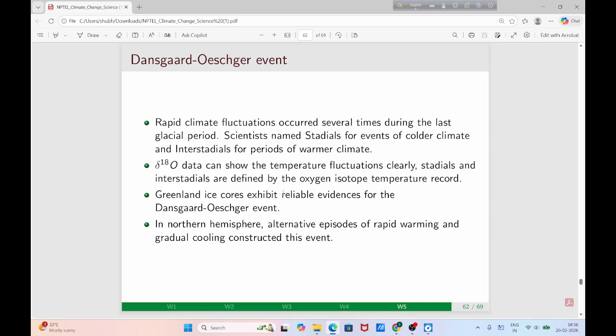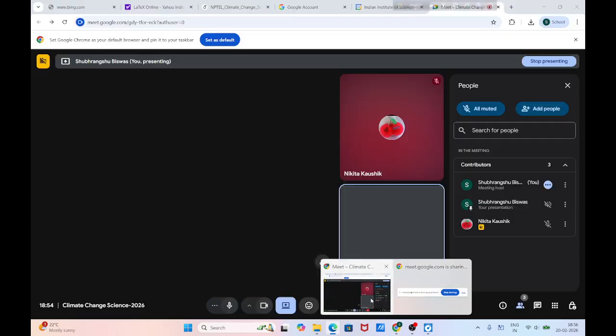And these fluctuations are known as the Dansgaard-Oeschger event. In the northern hemisphere, of course, there was alternating rapid warming and gradual cooling. So the warming was very quick, and the cooling was gradual in this event.